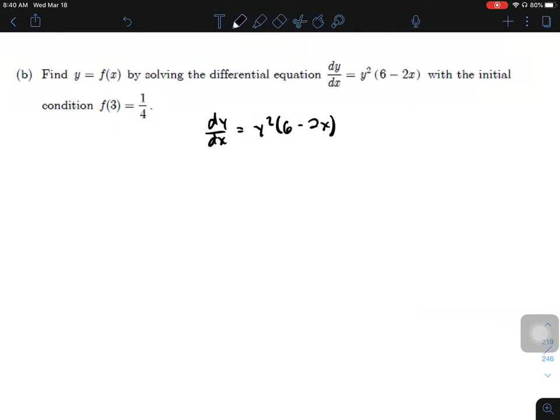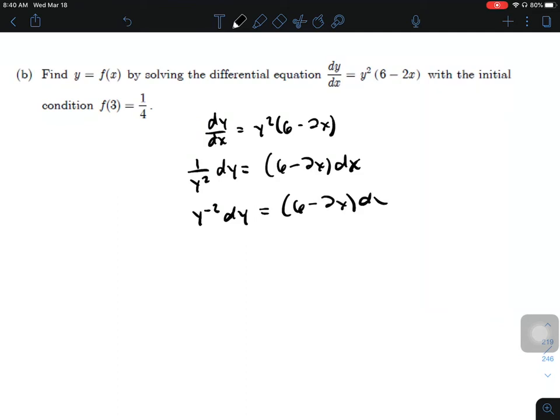I'll write it in steps so I don't confuse you here. If I'm going to integrate 1 over y squared, it's going to be easier if I write it as y to the negative 2. I'm going to integrate both sides.